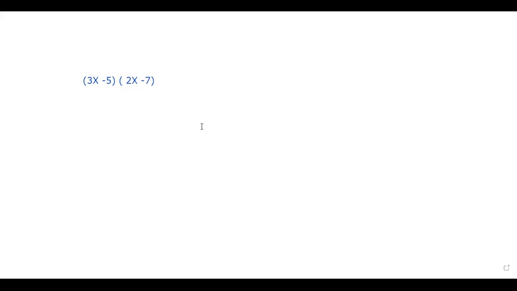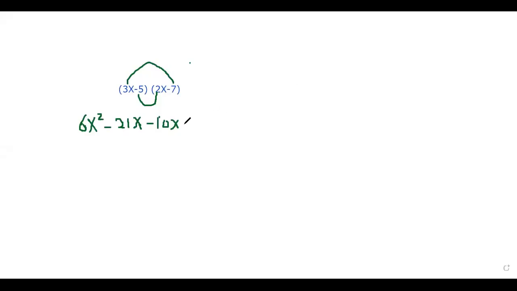We said how we can use the FOIL method. F for what? Well, 35, it will be how many? Positive 35. Do you have any like terms in this question? Yes, 21x and negative 10x.